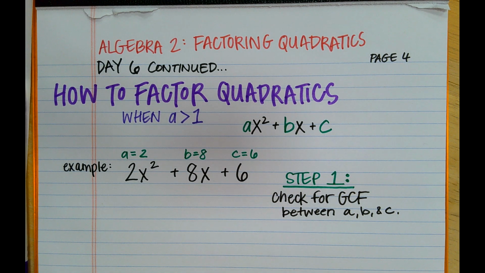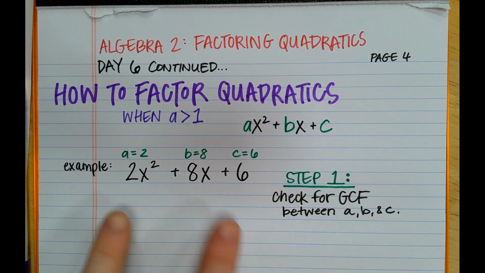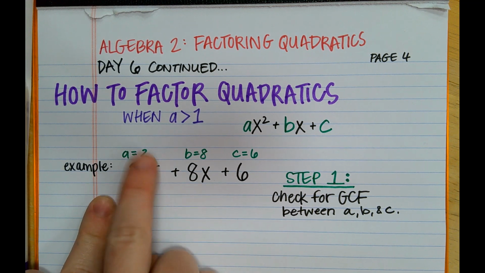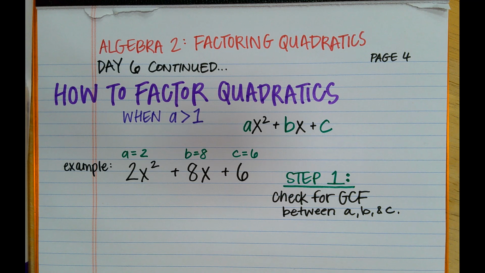What does that mean? Does anybody know what greatest common factor means? Can you explain it to us? All that means is we want to see if there are any numbers that would fit into 2, 8, and 6. 2. They're all even numbers. We could divide all of them by 2.